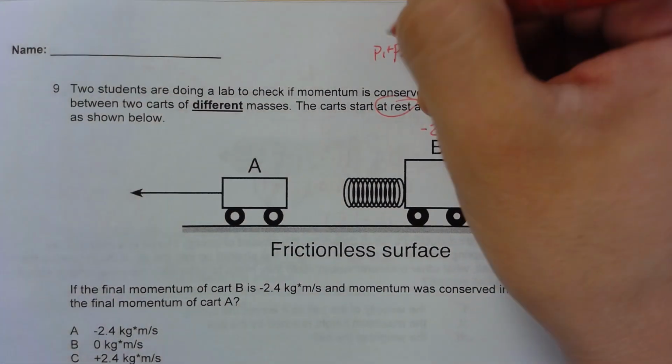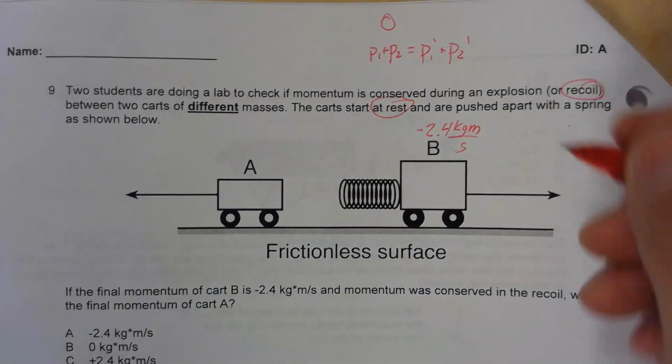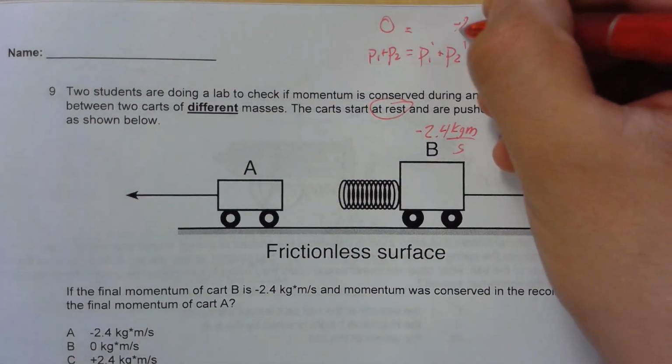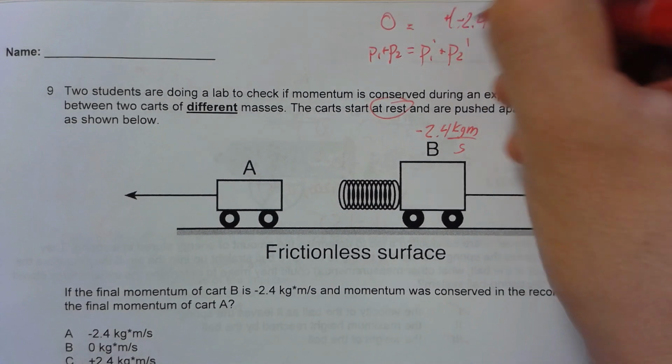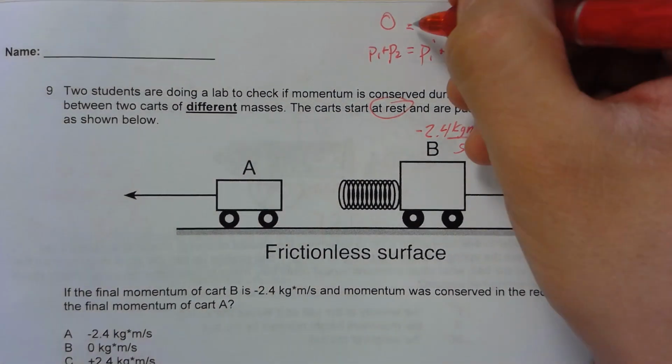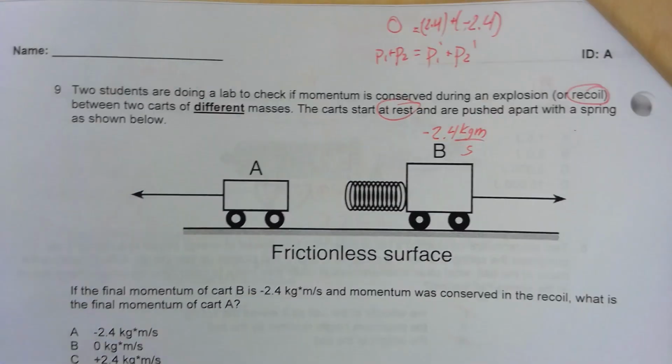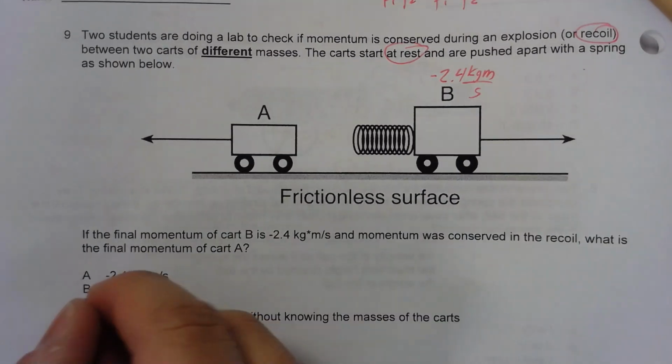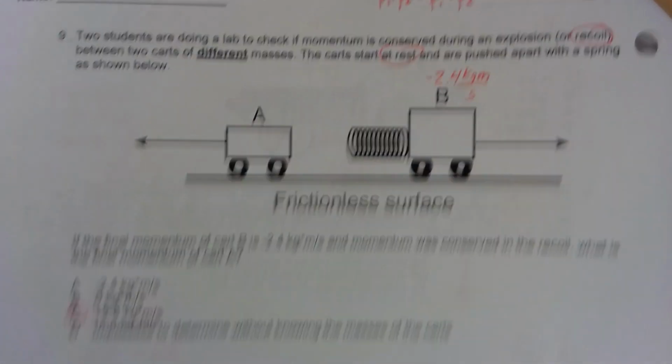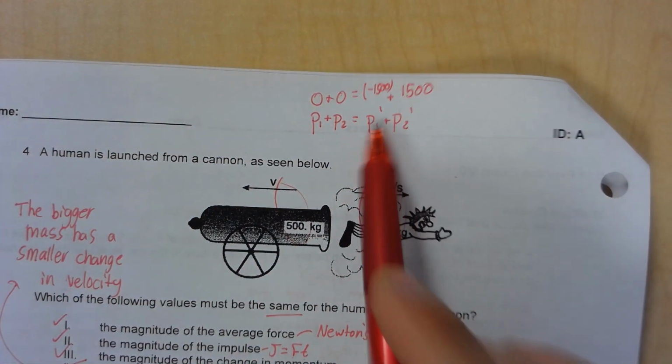If they start at rest, their initial momentum is 0. Cart B has negative 2.4. So cart A needs what to make 0? Just positive 2.4. So C is the correct answer. This is identical to our cannon problem right here, or at least you have to apply the same thing.